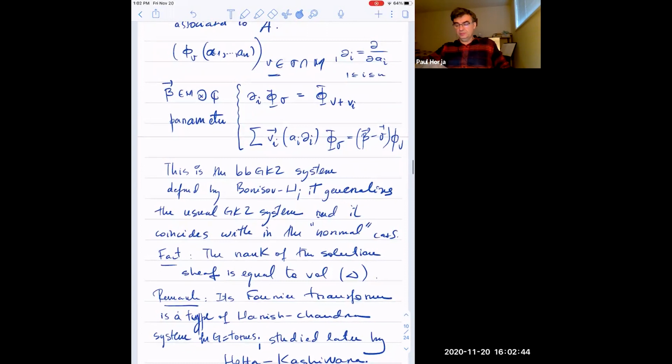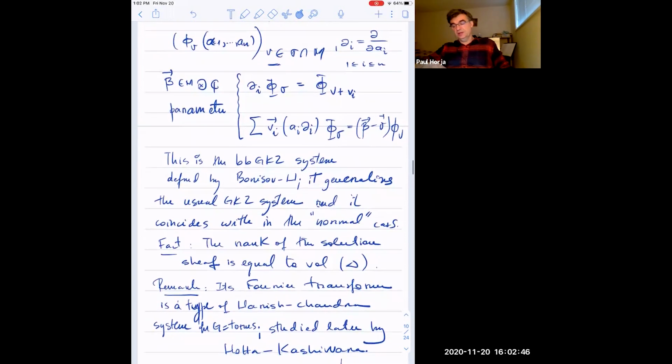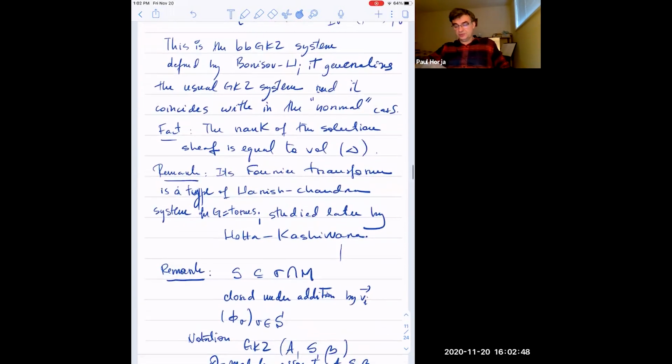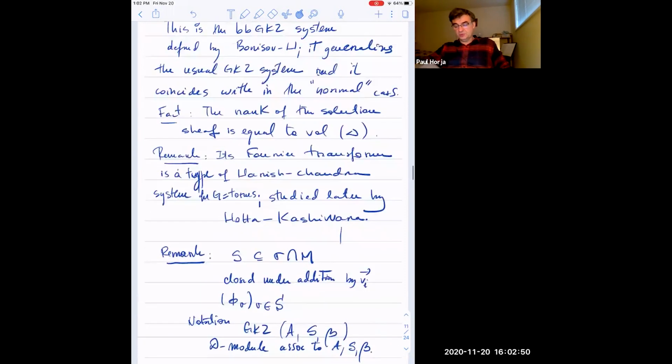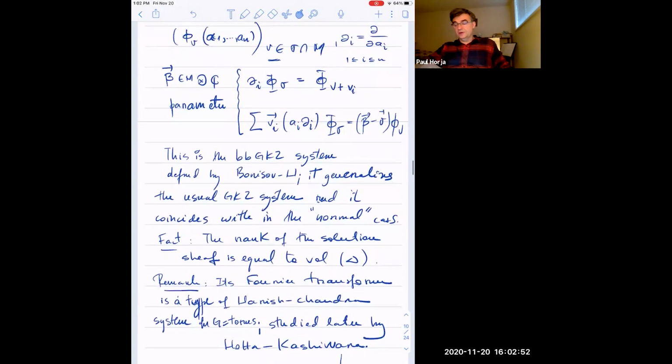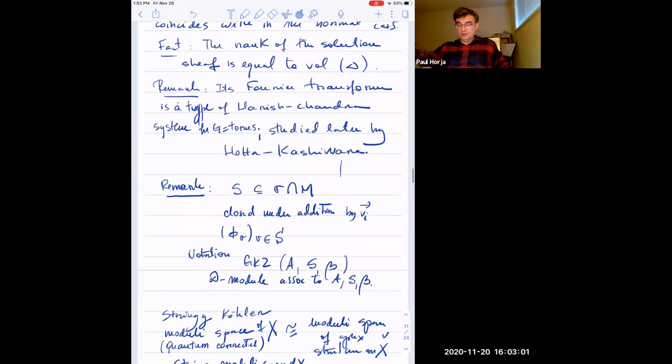What we call BBGKZ, better behaved GKZ, namely that it allows you to just take systems where the V here, the set, is indexed not just by the whole cone, but by elements in a subset of the cone closed under addition, and that's very useful also in mirror symmetry.